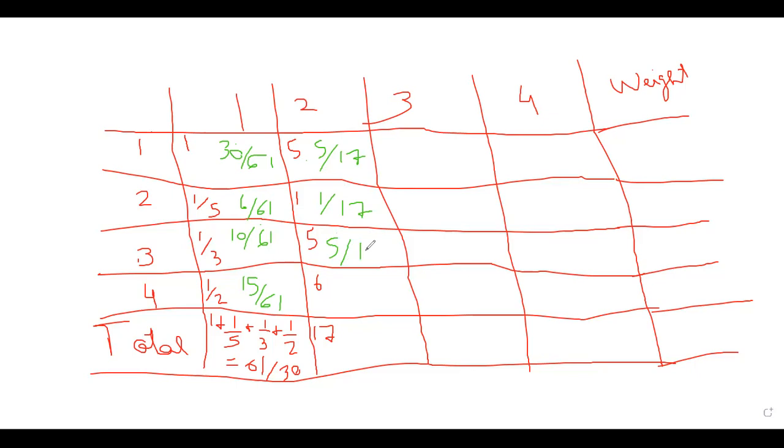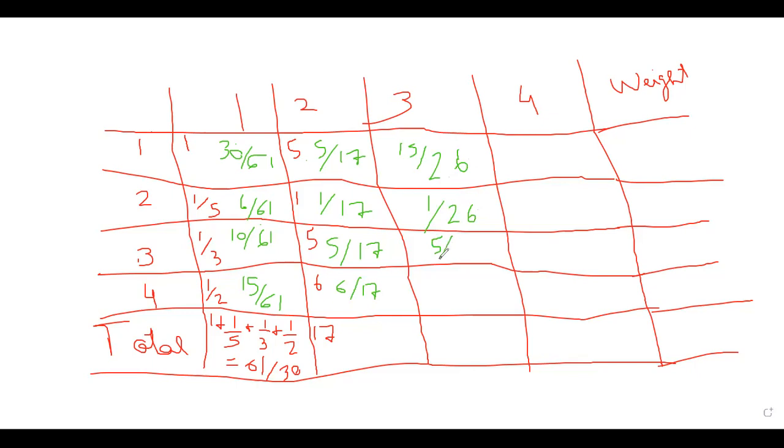Okay, now I will fill in green the remaining number. So you already know what the method is. All I have to do is to find the total and divide by the total. Okay, so if I do this, I will get here 15 over 26, 1 over 26, 5 over 26.